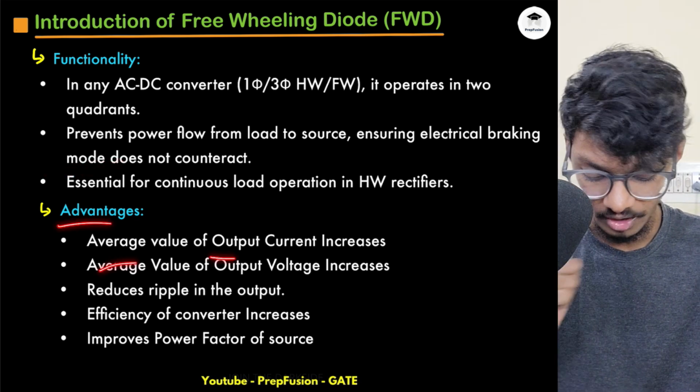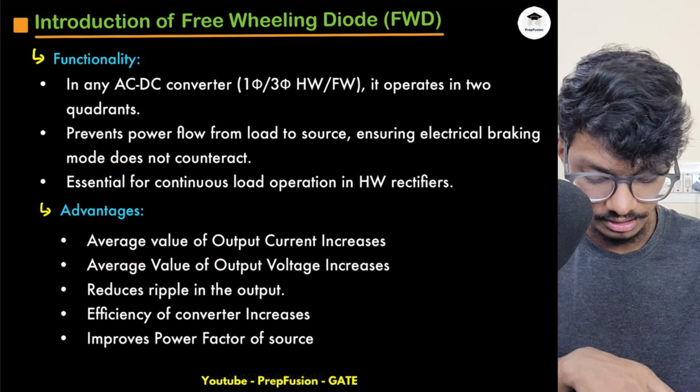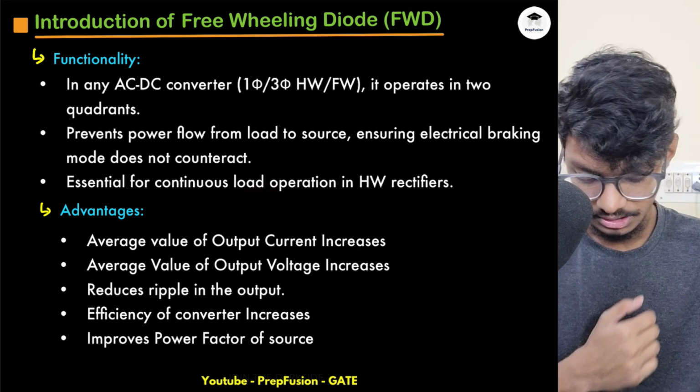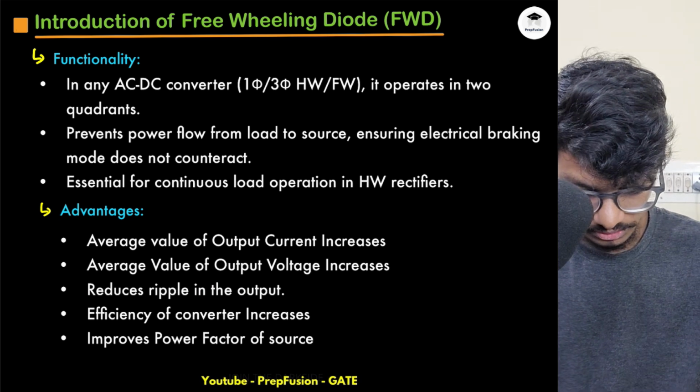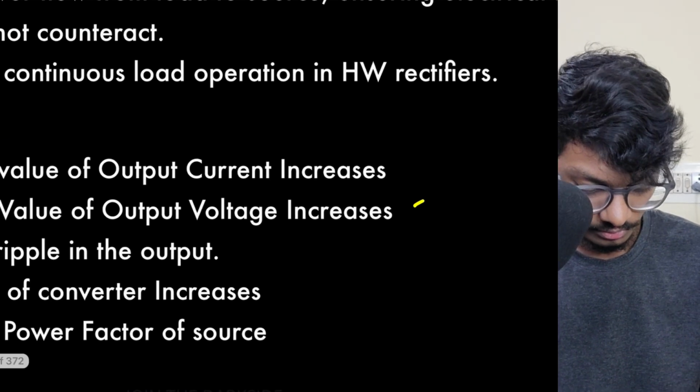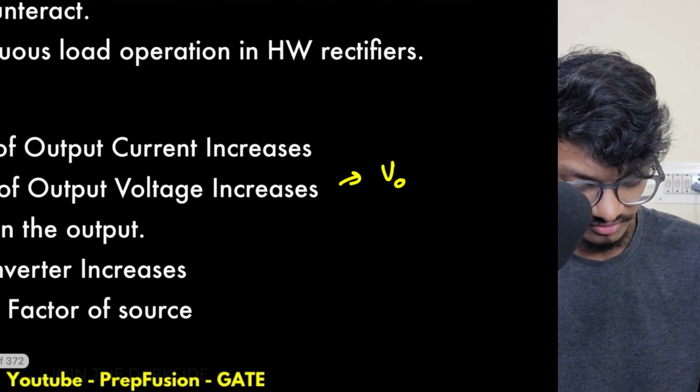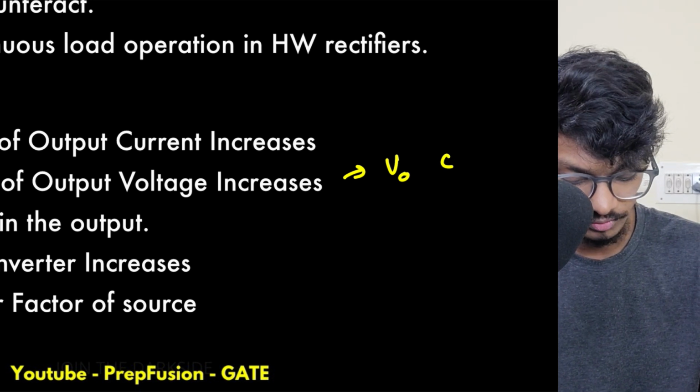Advantages: the average value of the output current increases because the current is more continuous. The average value of voltage increases because VO can never be negative. Previously VO was going negative.